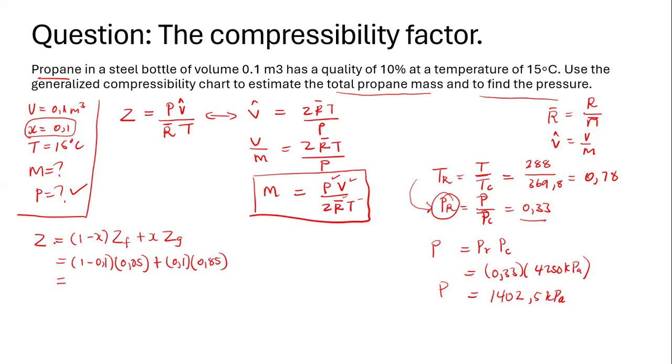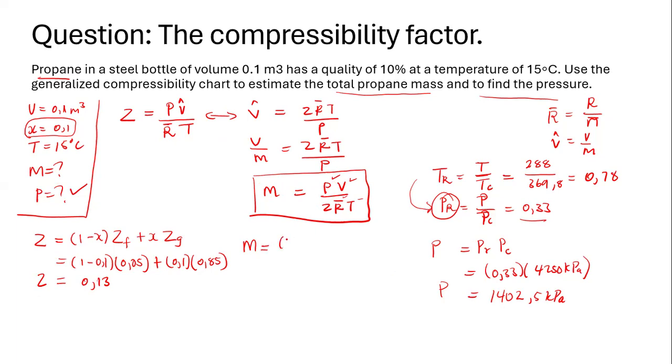And at this point in time, I get 0.13, which is my Z. So now, to further answer our question, we need to calculate mass, right? And again, what is the value of R? It's fine, I'll just plug it there. So to get the mass, I'm gonna say mass is equals to the pressure.